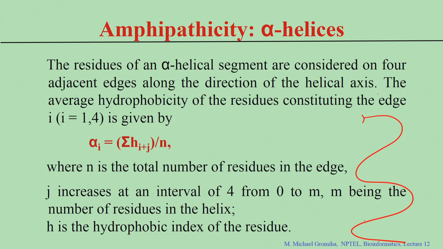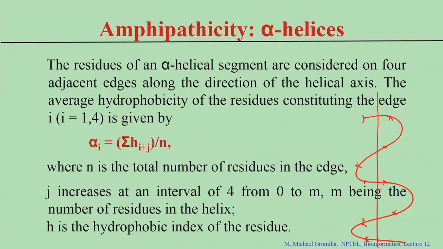So, we have the helical axis, you can put the residues, 1, 2, 3, 4, the same way 1, 2, 3, 4. So, in this case you can see there are 2 residues on one side and 2 residues on the other side. So, they show a periodicity of these residues at different positions.